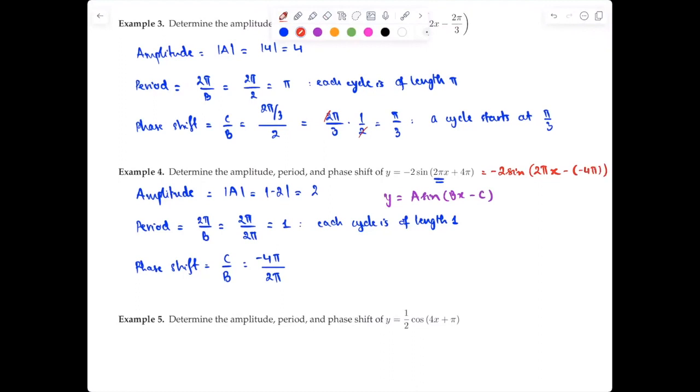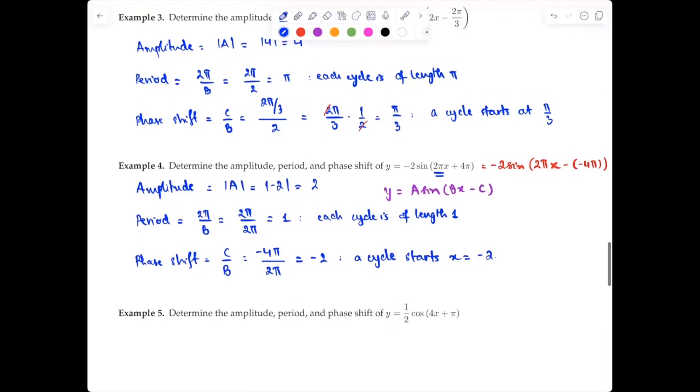And therefore, the value of c in this case is negative 4 pi. So negative 4 pi over 2 pi is equal to negative 2. And that means that a cycle starts at x equals negative 2. So basically, you shift the function to the left by 2 units.